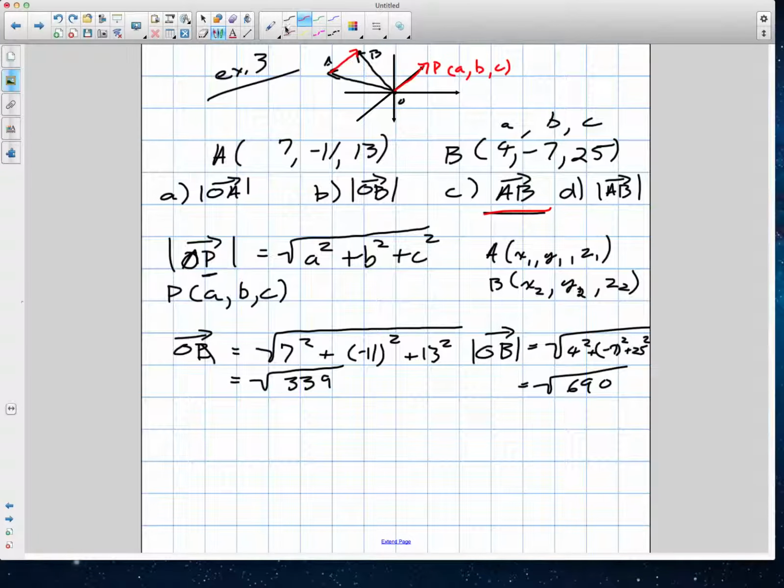Well, in order to do that, it's a little different. When we're looking for AB, what we're looking for is x2 minus x1, y2 minus y1, and z2 minus z1.